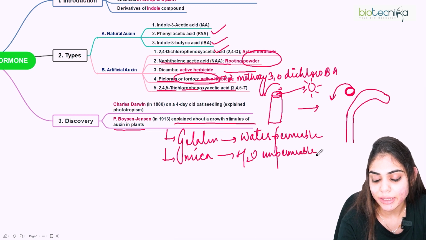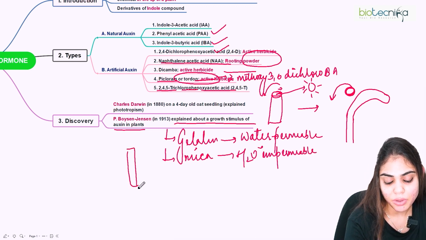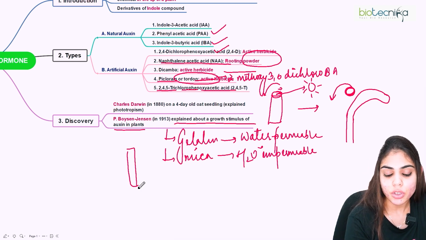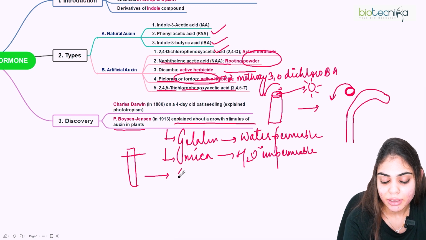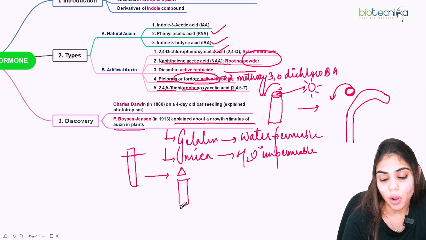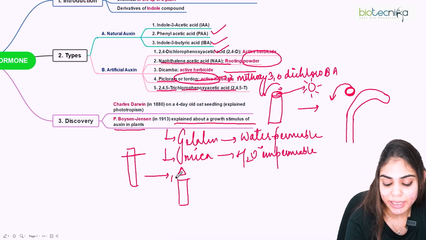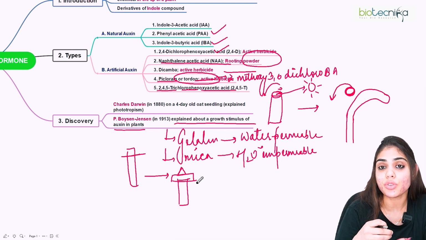What they did was remove the tip of the plant. Suppose this is a coleoptile tip. So they just removed the tip of the plant. Now once this is separated, this is a coleoptile stump and this is a tip. So they placed the gelatin block in between. Gelatin is water permeable, so it will allow substances to pass through it.